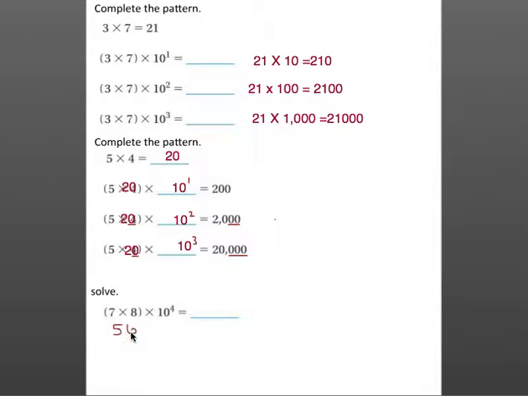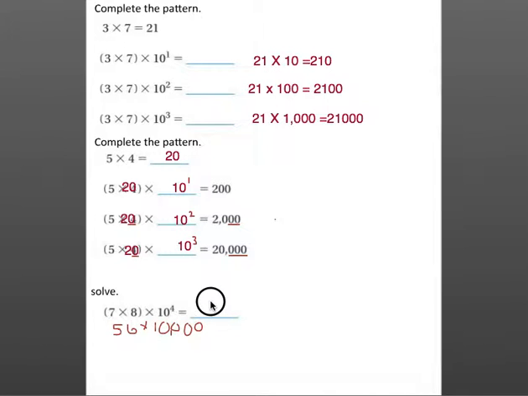And I know that 10 to the fourth would just be written out 10 with 4 zeros. So it would be 10,000. 10 to the fourth is 10,000. So now I need to use mental math, and I need to multiply 56 times 10,000.